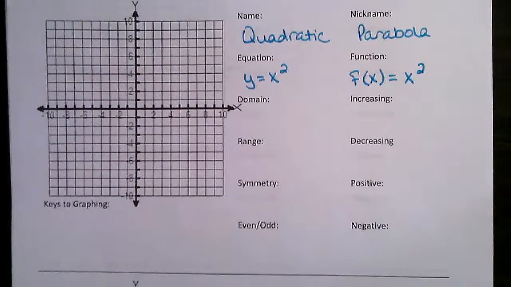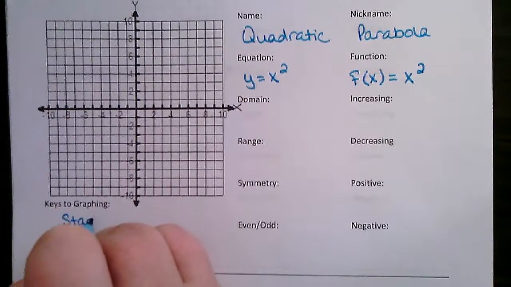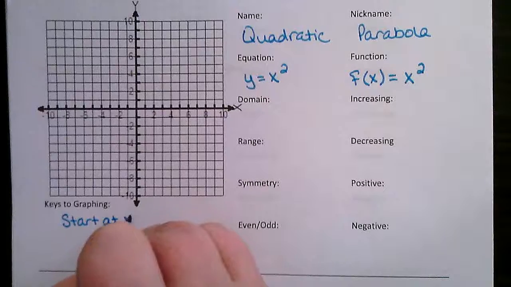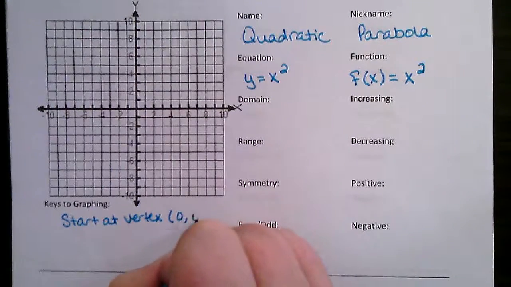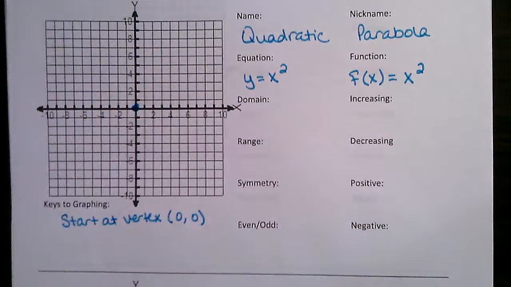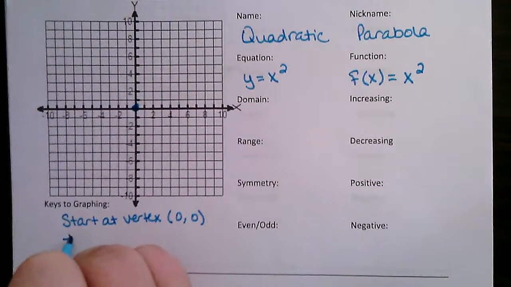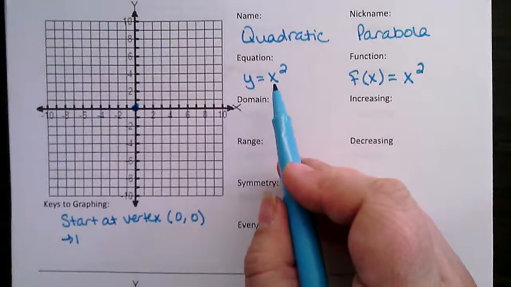Okay? So you guys know, I hope you remember, that when we graph a quadratic, you start at the vertex, which for any general parabola is at 0, 0. So we can put that point on our graph, 0, 0. And then if we go over 1, we actually put 1 into our equation.